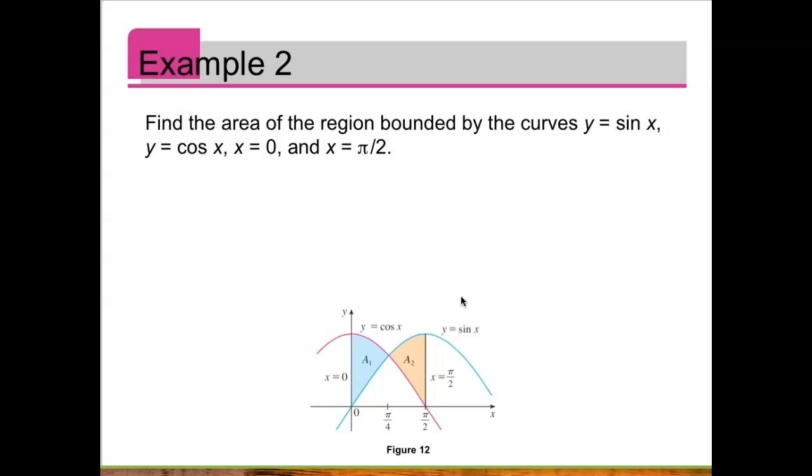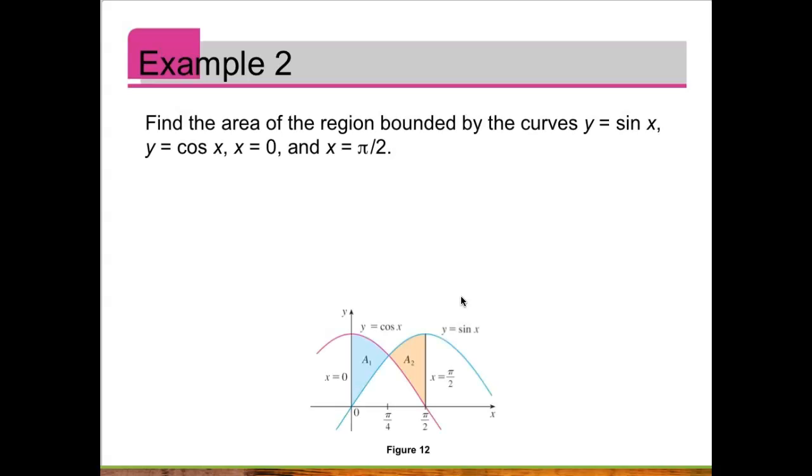So between 0 and pi over 2, sine x and cosine x do cross each other. To know where they cross each other, I want to set sine x equal to cosine x. Well, this isn't really easy to solve analytically, but you can do it by inspection, meaning sort of guess and check. If we think about when sine and cosine are equal?